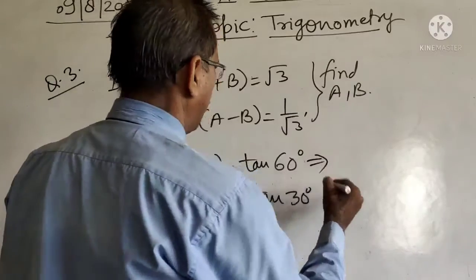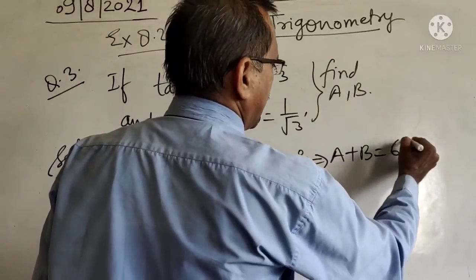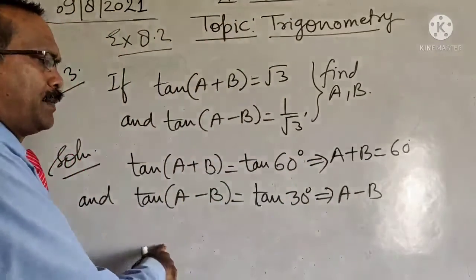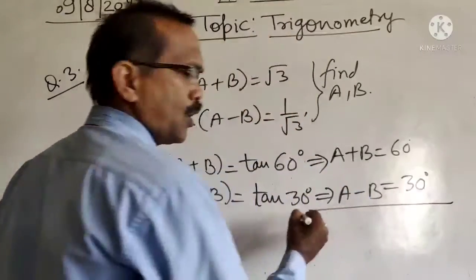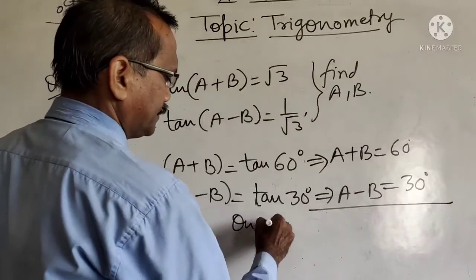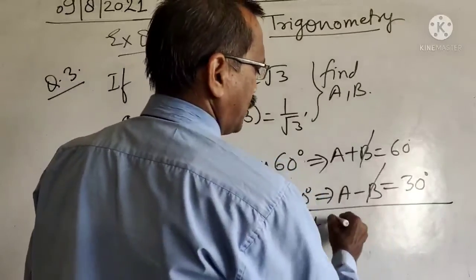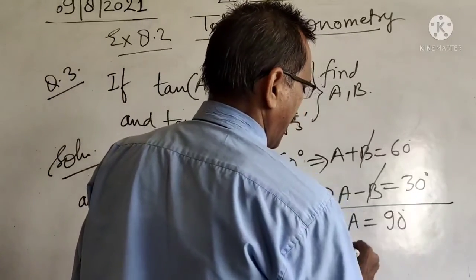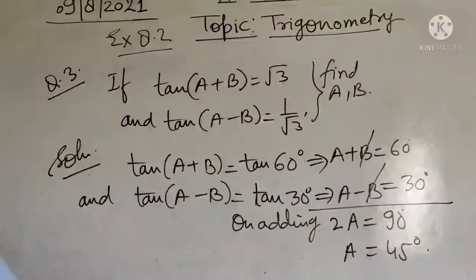From this we will get A plus B is 60 degree, and from the second equation we will get A minus B is 30 degree. On adding, B cancels out, so 2A equals 90 degree and A becomes 45 degree.